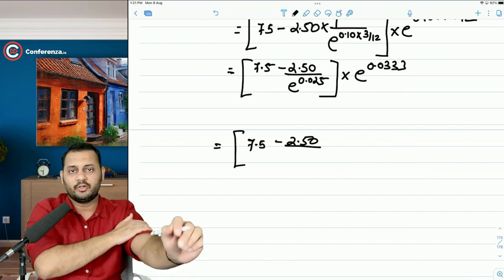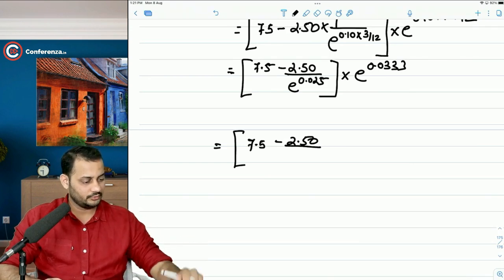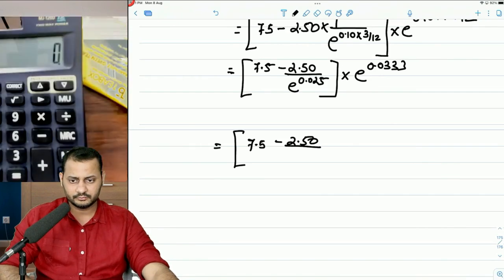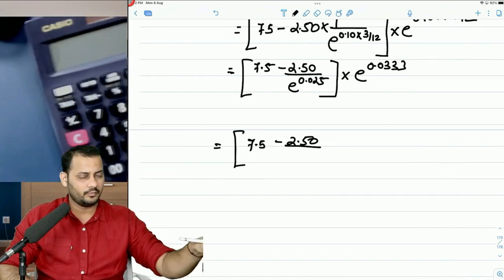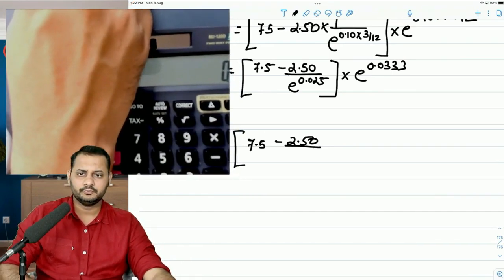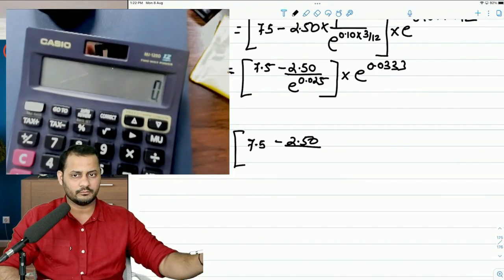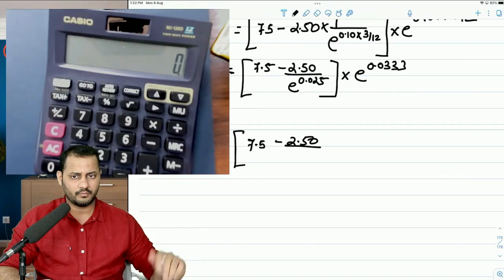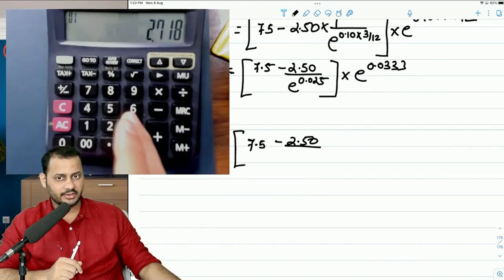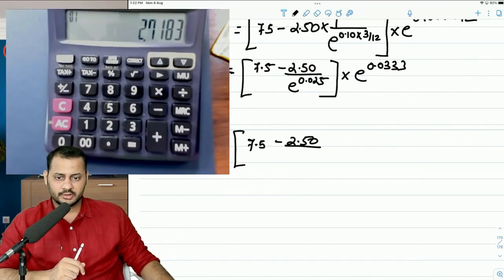How to calculate e to the power 0.025? Have a look. I will just show you now. I hope it's visible to you. 2.7183, okay, on the calculator. Let's just start with this.